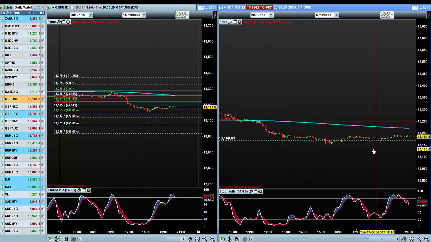I mean, who knows, maybe we come to our screens tomorrow and it's already done this, but that's the sort of setup I would look for. We certainly have not got a buy signal on this daily, and the 4-hour trend line is right down there at 131, so a push under 131 is possible now.